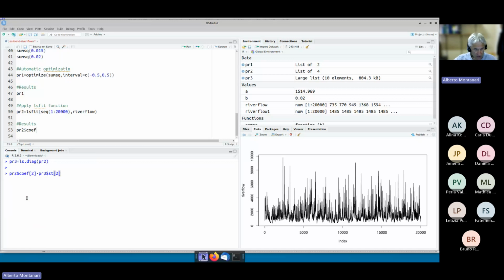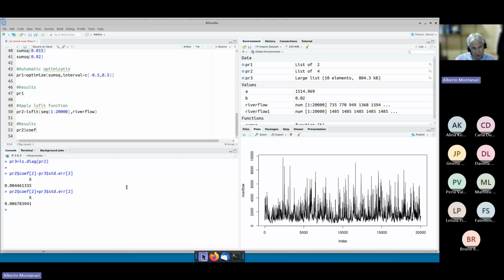Okay, and let me see here now, standard error 2. Okay, this is the lower value and this is the upper value. So as you see, this is the range of the estimated slope.